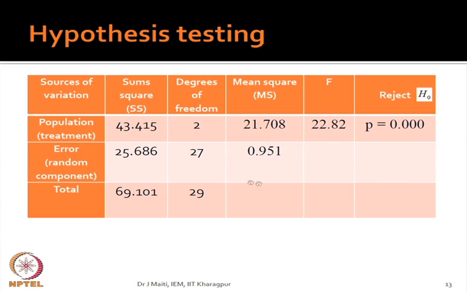You see the mean square error value is very small. It is so small because there is an effect. Then F is MSB by MSE. This is 21.708 as MSB and 0.951 as MSE, and that ratio is 22.82, which is far away from 0.